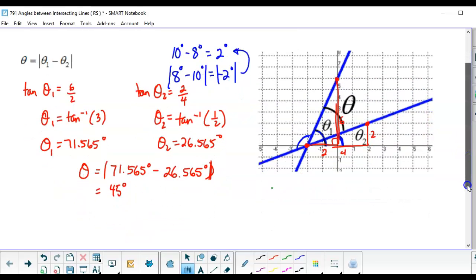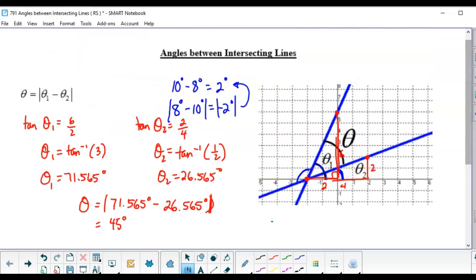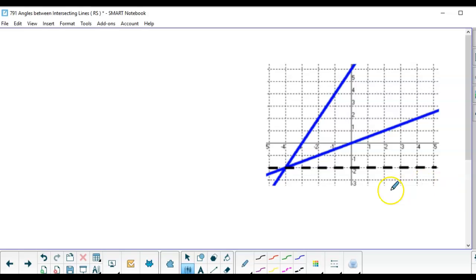Sometimes you might not be given an actual graph, but for the first couple here you are. So here's another one. Again, draw some triangles. I'm going to look at the steeper one here and look for a nice point, there. So that's 4 and 2.